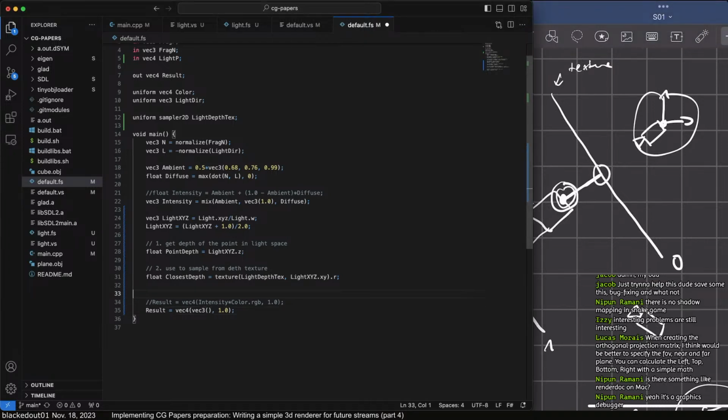So we can define a shadow factor. And if the point depth is greater than the closest depth, we have shadow, so we want to multiply by 0, and else we have 1, we have no shadow. And I think this could already work.